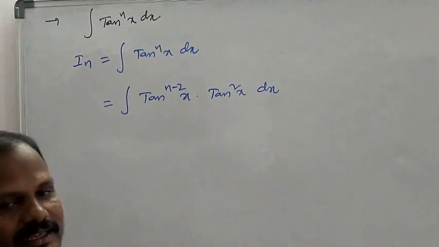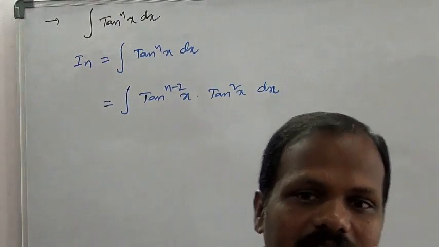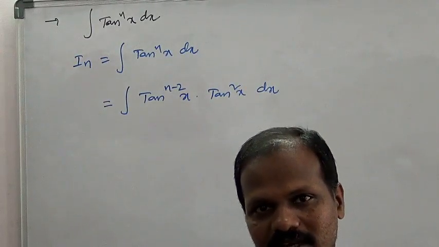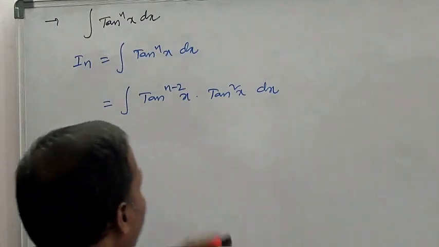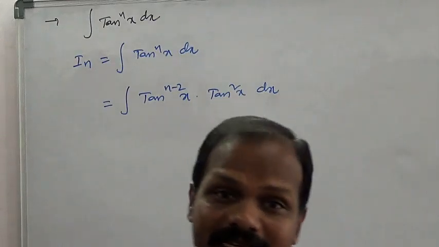Because tan square x can be written as secant square x minus 1. Then integral of secant square x is tan x, so that means again it will be converted into tan. That's why I split this as tan power n minus 2 x into tan square x.